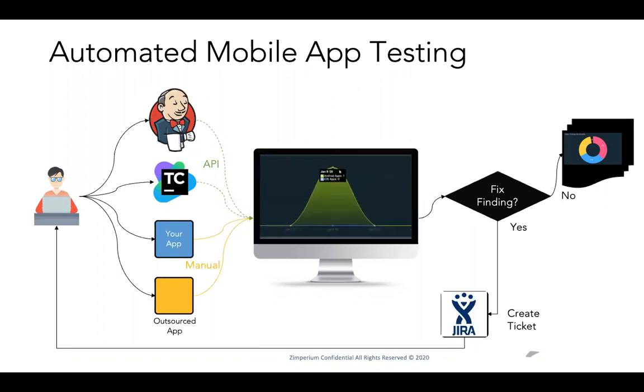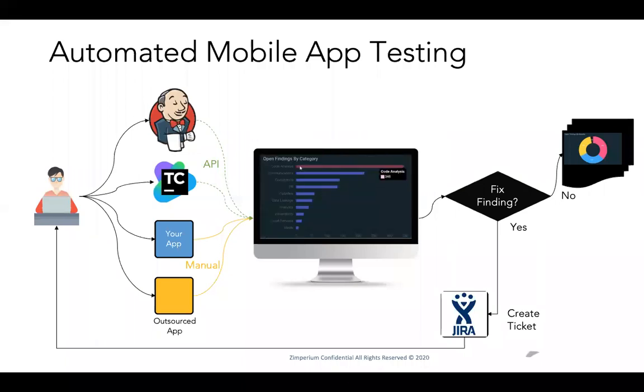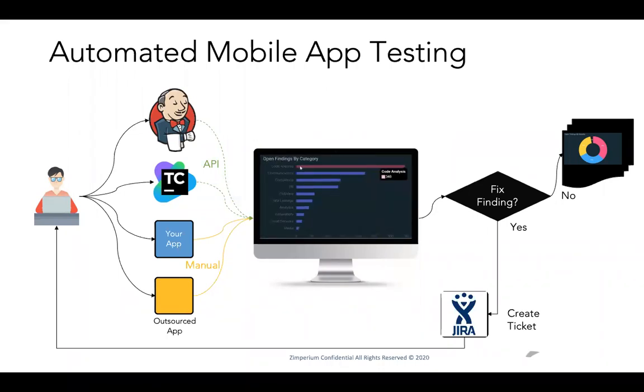The second scenario is, I am having my app developed for me. If you have a service level agreement with your outsourced development partner, you don't really know what is inside your app, or how they're constructing it. So you can manually upload an outsourced app and get the same information, and then turn that back to your outsourced partner and say, hey, these are above our risk tolerances. We'd really like you to fix this.